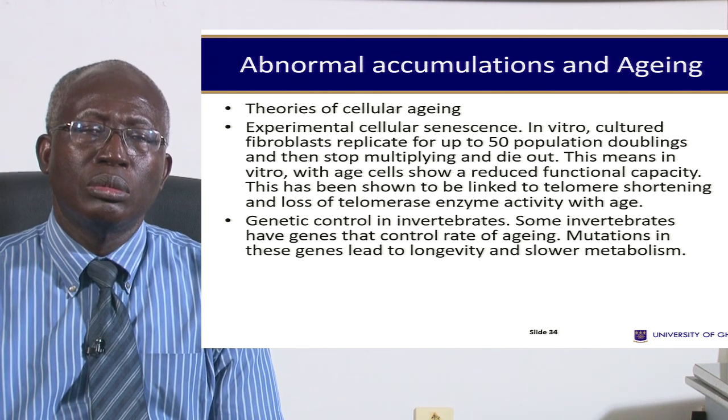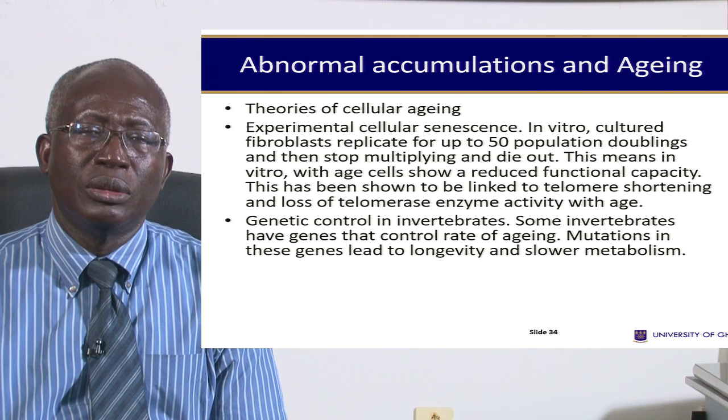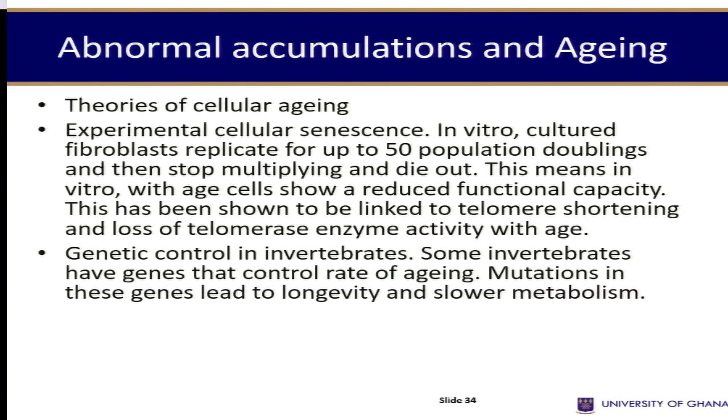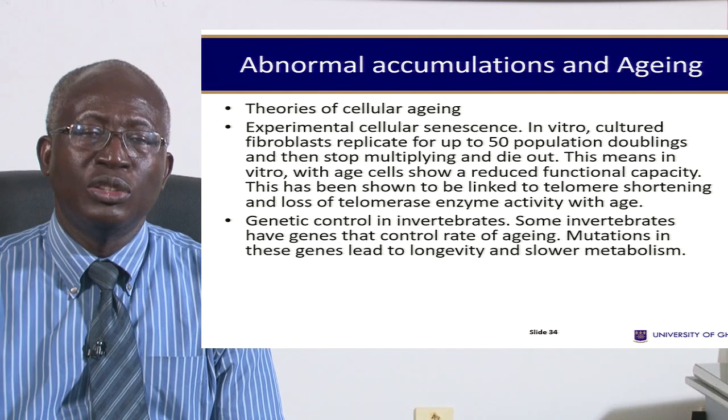So there are theories, since the exact reason for aging is not known. The experimental cellular senescence is one of the theories that was propounded based on the finding that fibroblasts replicate up to about 50 population doublings, and then stop for inexplicable reasons. That has now been shown to be probably linked to telomere shortening.